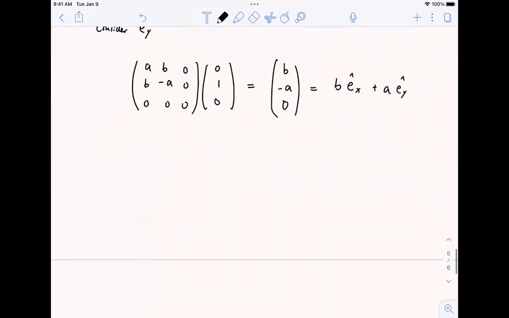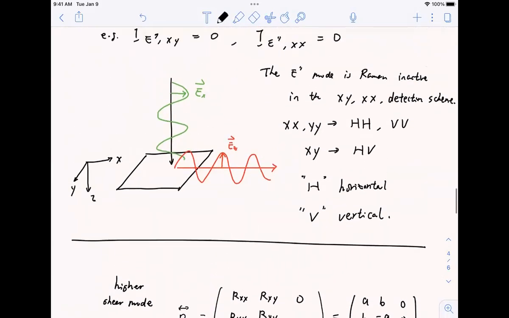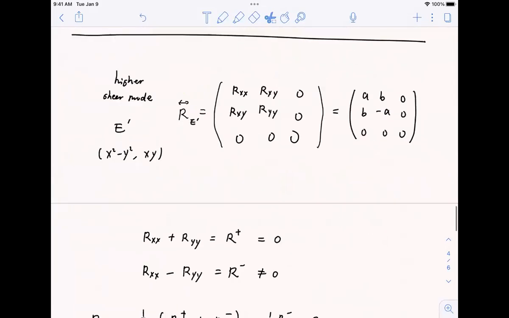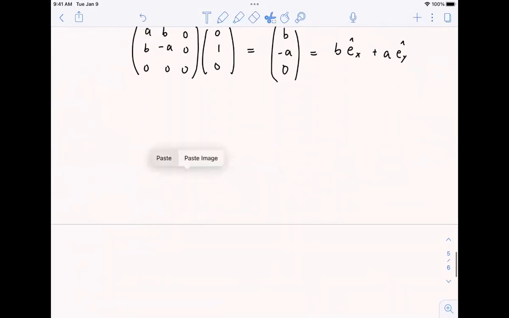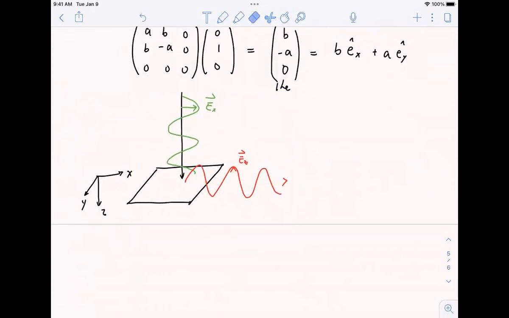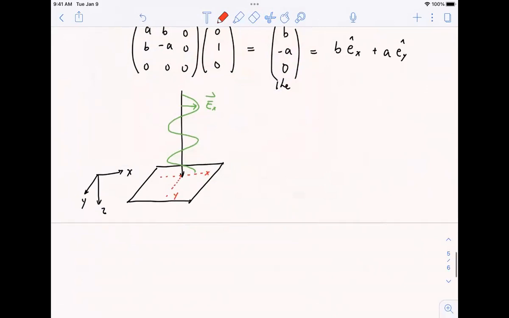Okay, so that means, let me copy this again. We don't have this. You're going to have what? How can I represent it?